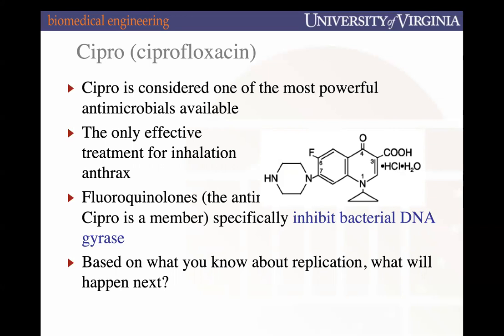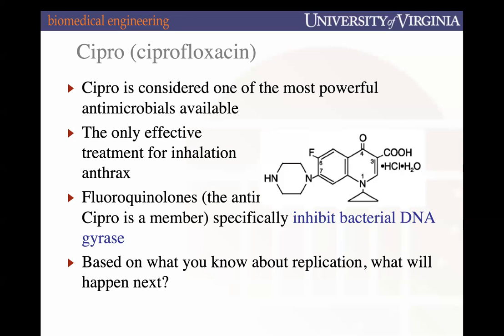What it does is specifically inhibit bacterial DNA gyrase. Bacterial gyrase is different from our gyrase, and so it allows us to target theirs. If we inhibit their gyrase, we're disrupting replication, and if there's no proper replication, there's no division, no growth, and we can destroy the bacterium that way.